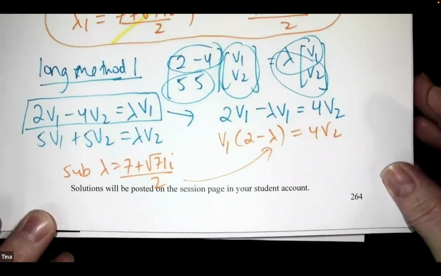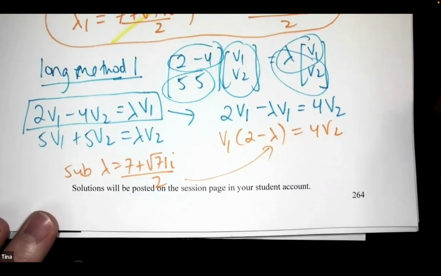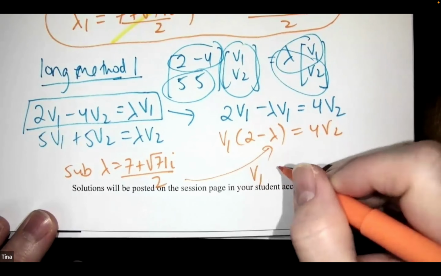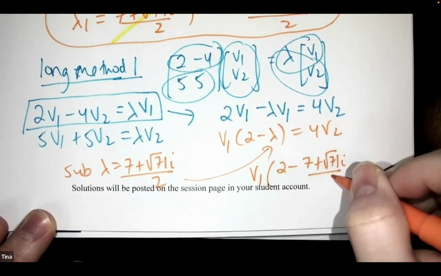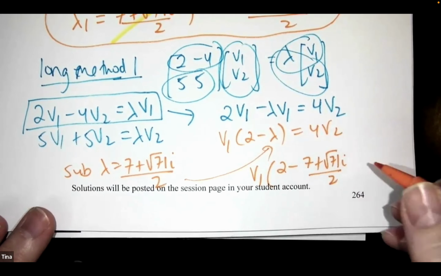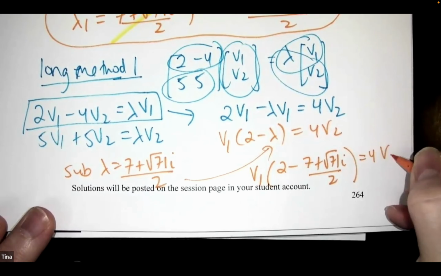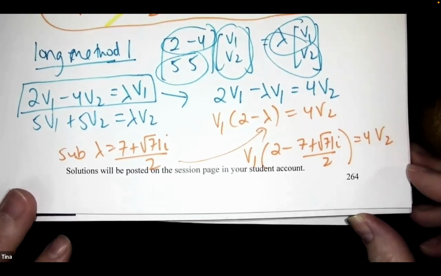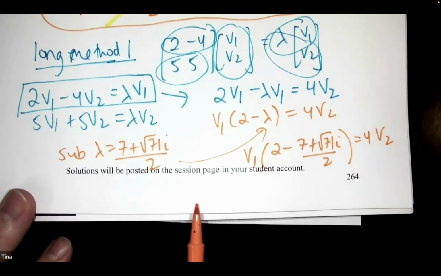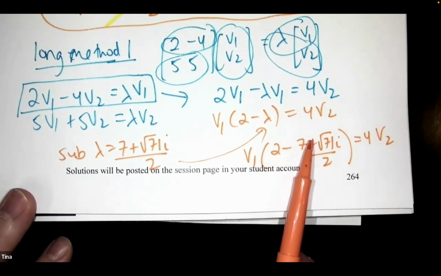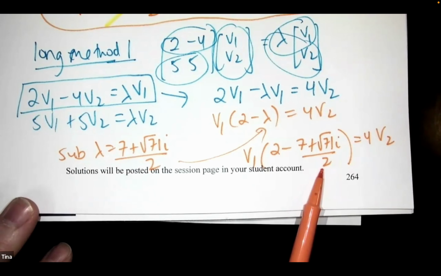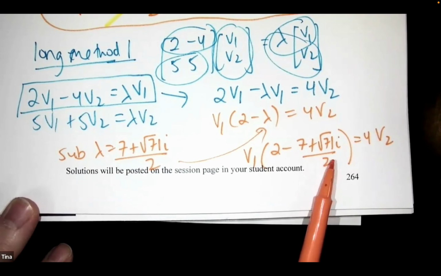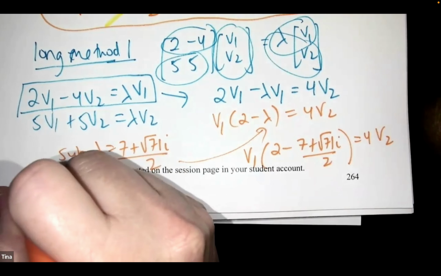Okay, well, that's lovely. So v1 times 2 minus 7 plus root 71i over 2. So that would be 2 minus 7/2 plus root 71 over 2 i.